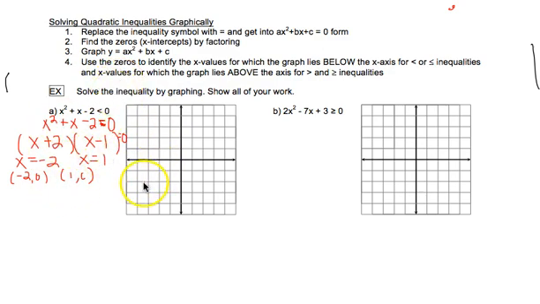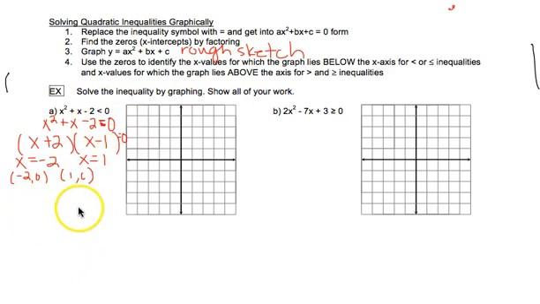So I am going to need to graph y equals ax squared plus bx plus c, meaning I'm going to graph y equals x squared plus x minus 2. Now, when I do that, this can be a rough sketch other than the zeros that you already found.